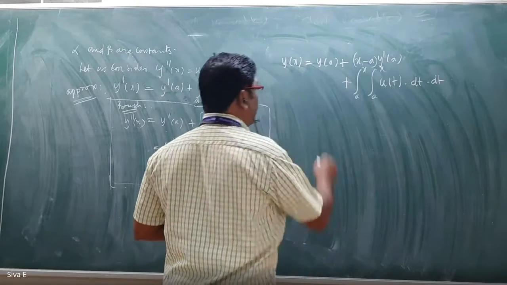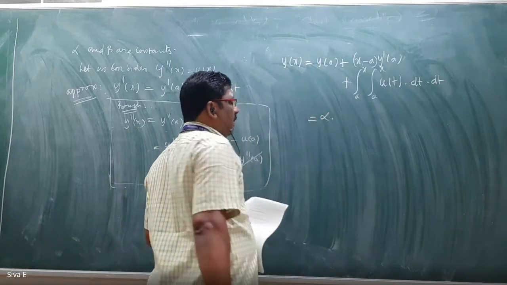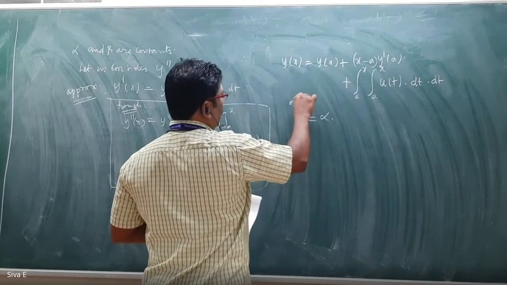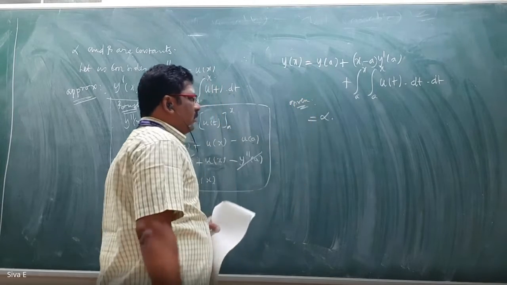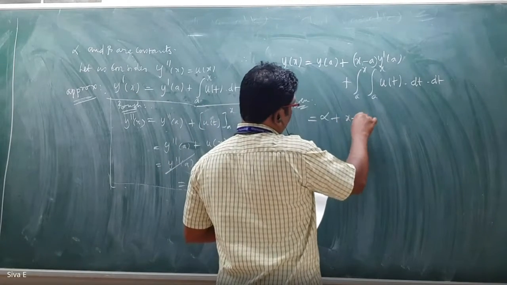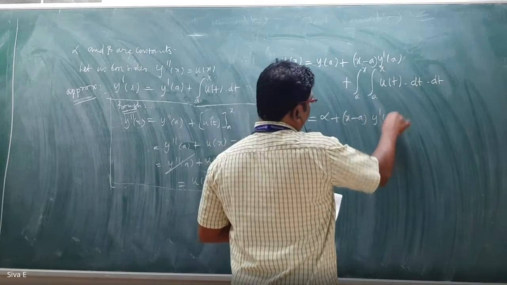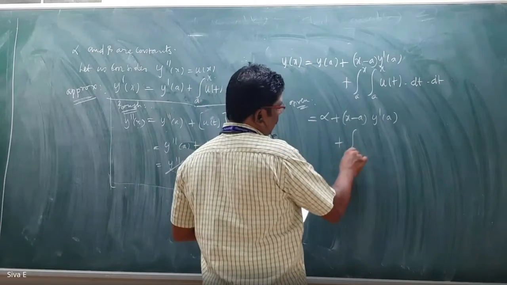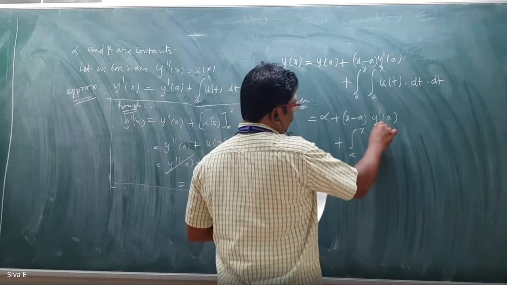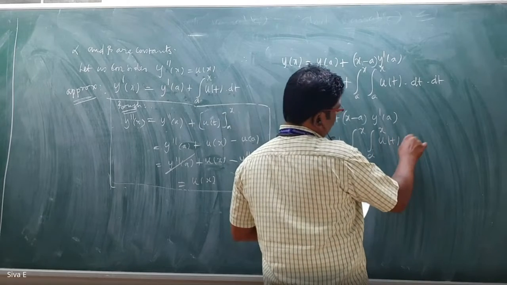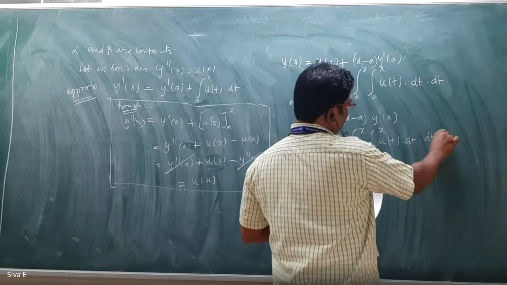So y of a is alpha, given in the problem. y of x is alpha plus x minus a times y dash of a plus integral over a to x, integral over a to x of u of t dt dt.